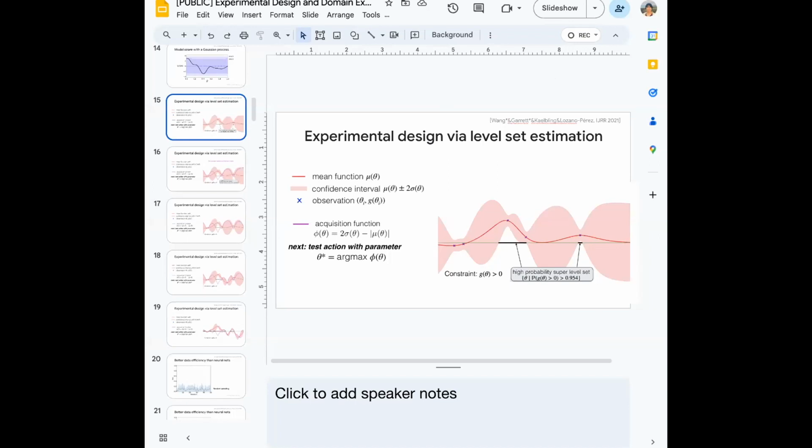I see. If I remember correctly, we did play around with some level set estimation approaches, but this one seems to be pretty robust. We just said, let's use the straddle heuristic, and it's also very easy to interpret and easy to construct.